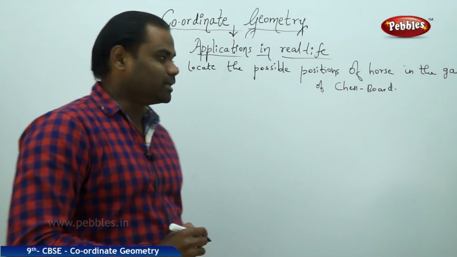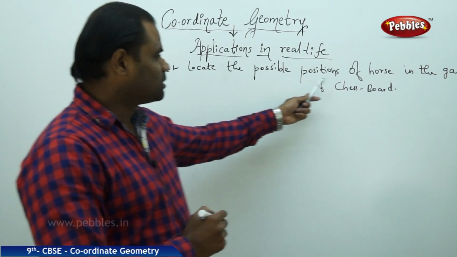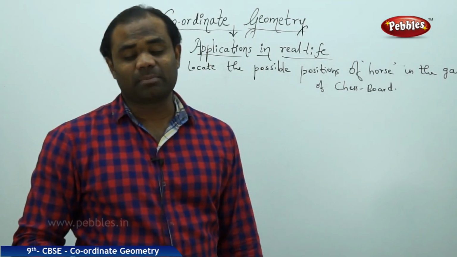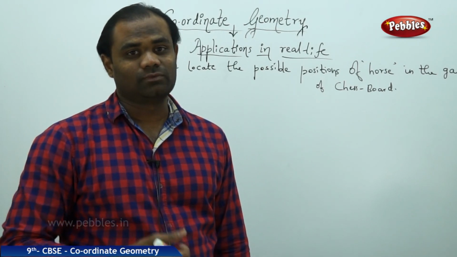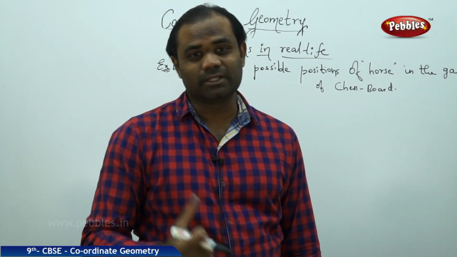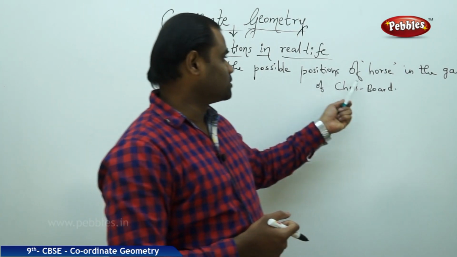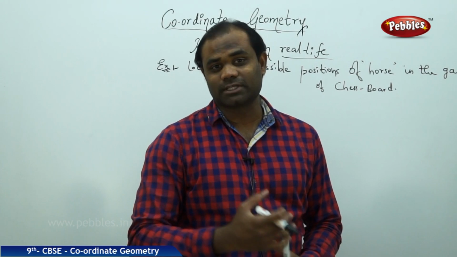So here my question is about locating the possible positions of horse. The horse in the chess game is applied through the rules of the game. So we all know how the horse moves in the chessboard. So my question out here is to locate the possible positions of horse in the game of chessboard.